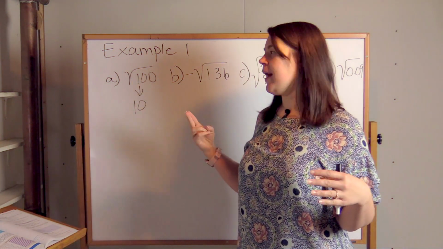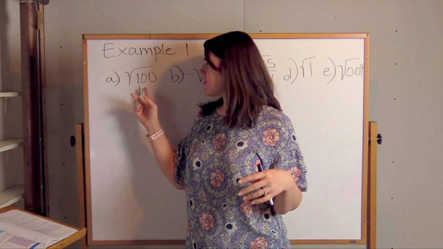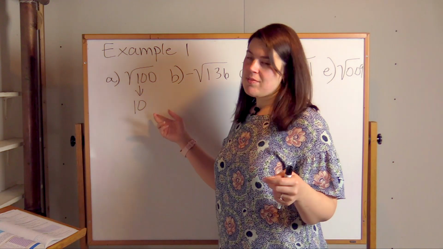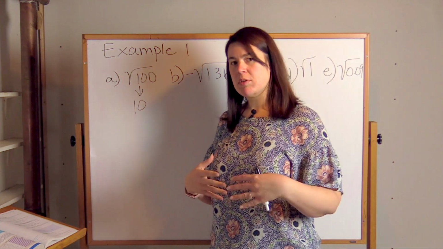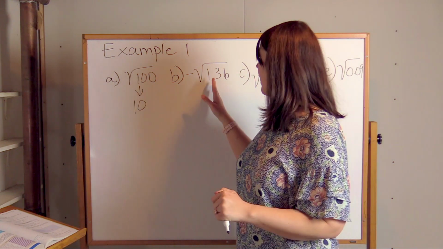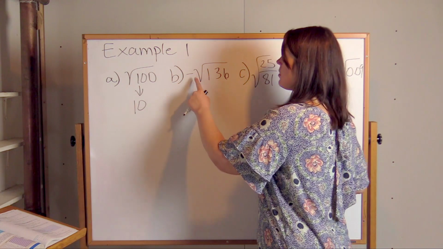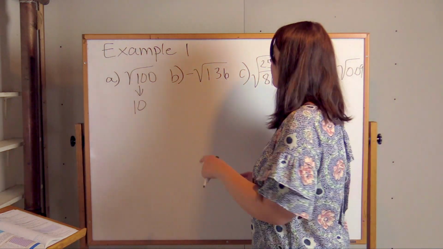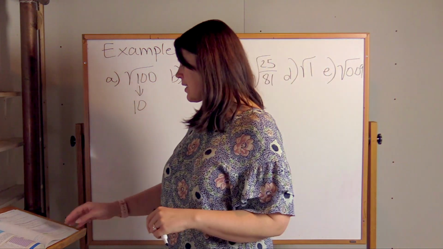If I had negative 10 times negative 10, it'd still be a positive 100. If I had negative 10 times positive 10, then that's not the same number being multiplied by itself. So we can't actually have the negative sign under the radical. This negative sign is just saying whatever you get is your answer, it's the negative of that.